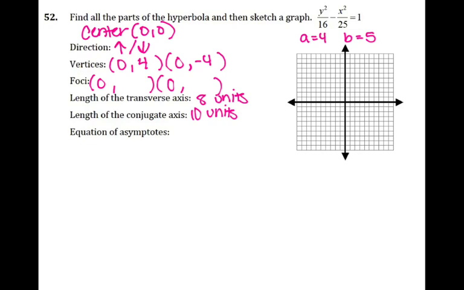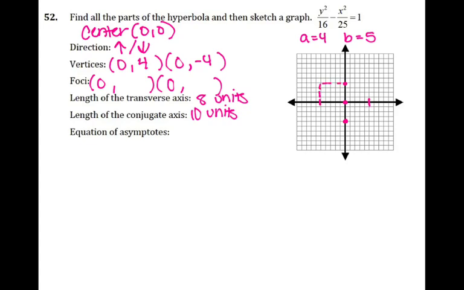Okay, so my center is at 0, 0. Here's my center. Vertices, positive 4, negative 4, and I'm going to go to the left and to the right 5 units to create my rectangle. And the rectangle is going to help us with the asymptotes.